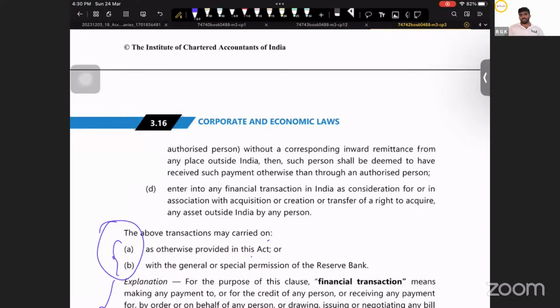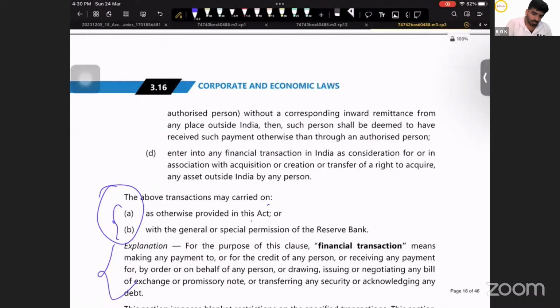These are the 4 transactions that are specifically prohibited under section 3 of the Act.